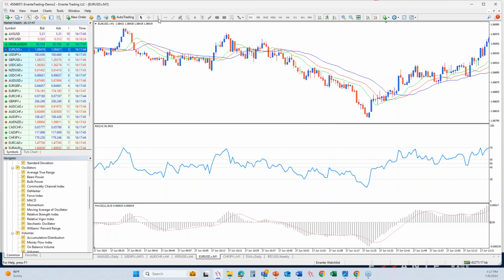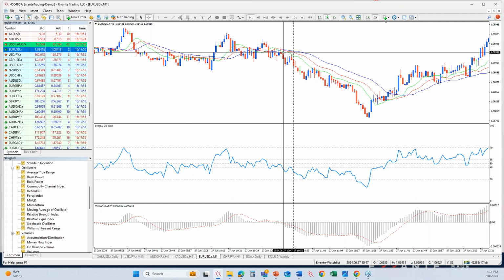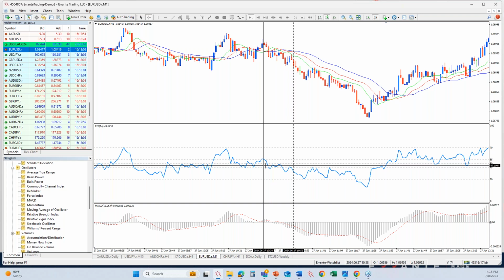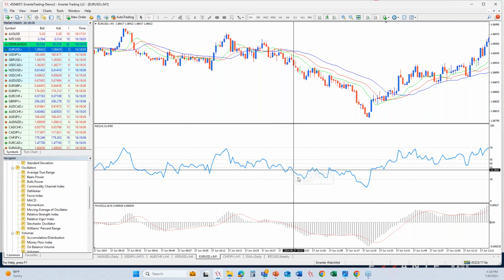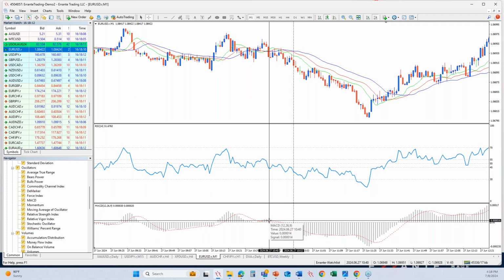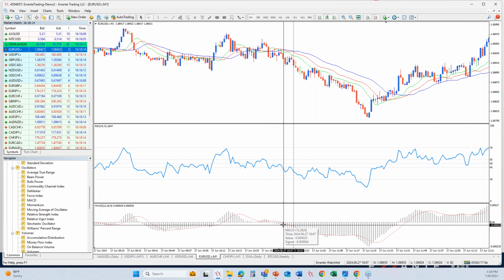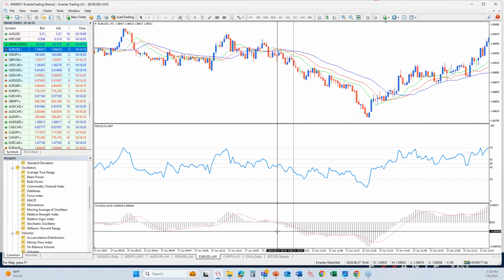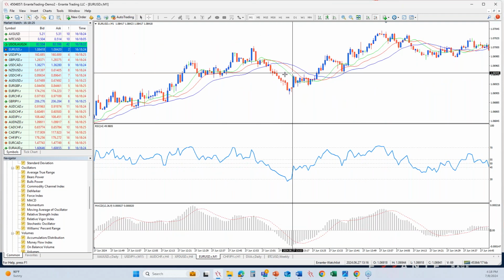We see during the beginning of this downtrend, when we have the alligator, let's say, hungry or opening its mouth, we have the RSI also breaking into a selling zone, and we have the MACD histogram shortening below the signal line and the signal line crossing zero, which is a very strong confirmation of the accelerating bearish momentum in the market.